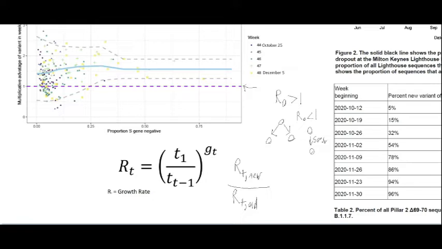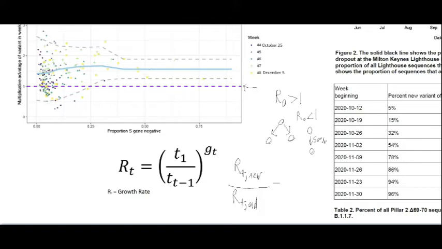So if this R_t is higher for the new than it is for the old, meaning that the new one is more virulent, then they can divide that by the R_t for the old, and get an idea of how much more virulent it is than the old one. And so up here, if this was equal to 1, then we would say, well, it's not more virulent, it's exactly the same, because the virulence for the new divided by the virulence for the old was equal to 1.